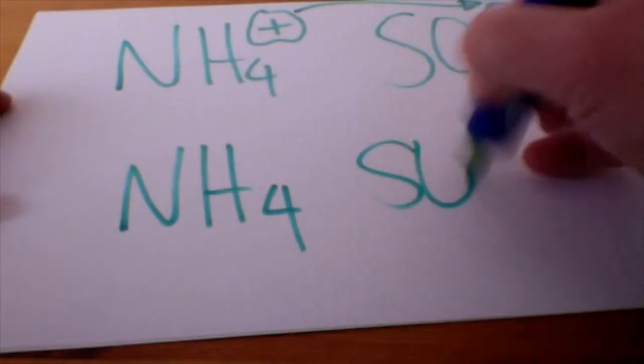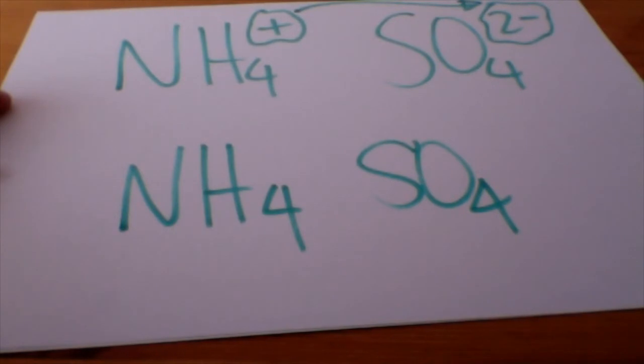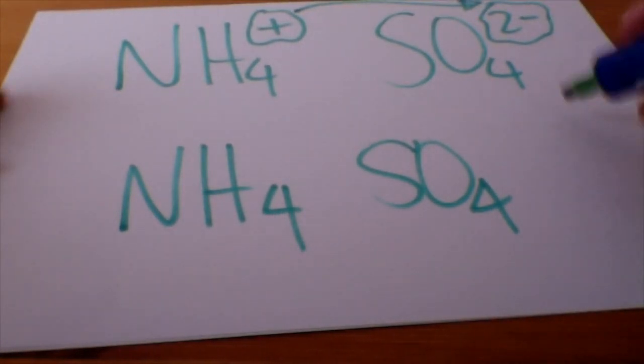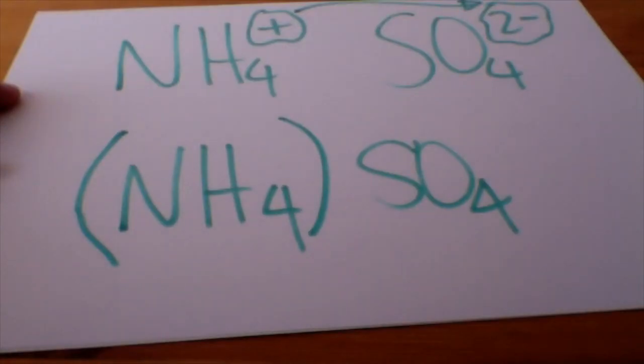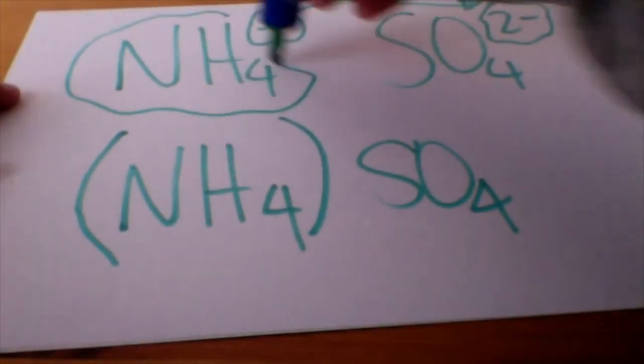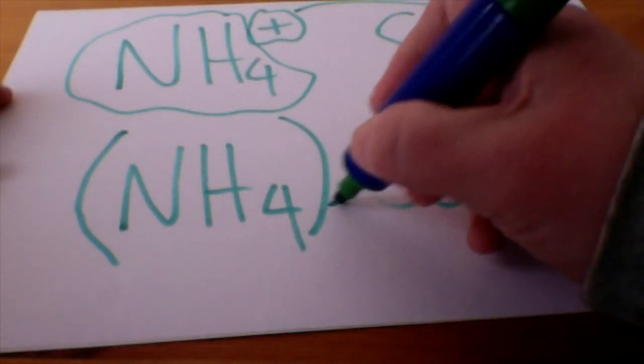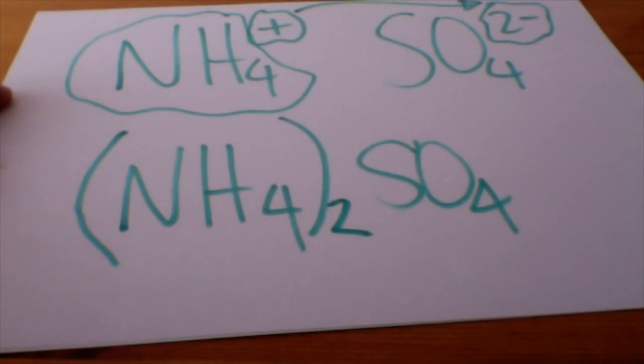So if we put these together like this, and there's nothing else there, then overall we wouldn't have a neutral compound because we haven't got 2 of these pluses to balance out the 2-. We need to put brackets around the whole thing, because remember it's the whole thing here that has a charge of +1. We need 2 of those to get our ammonium sulfate.